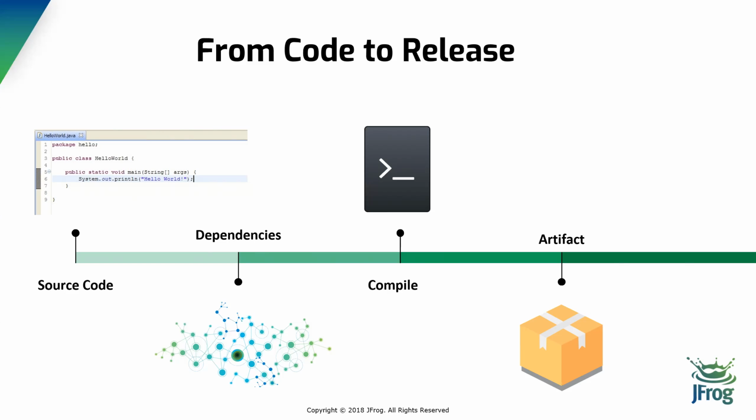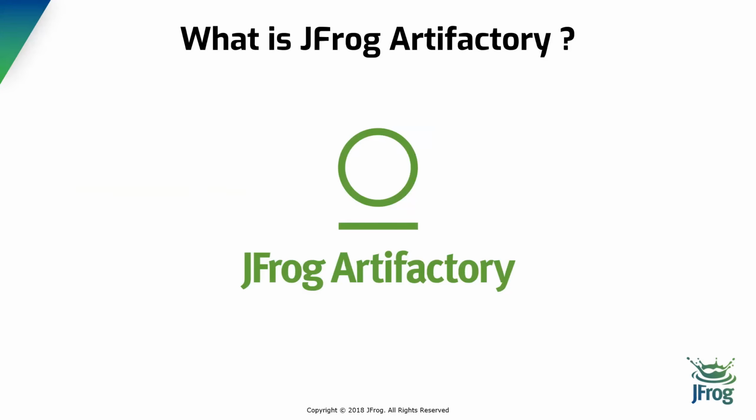So you can get that from a binary repository manager, this overview of all your binaries. And actually, you can get that from Artifactory, which is a binary repository manager.